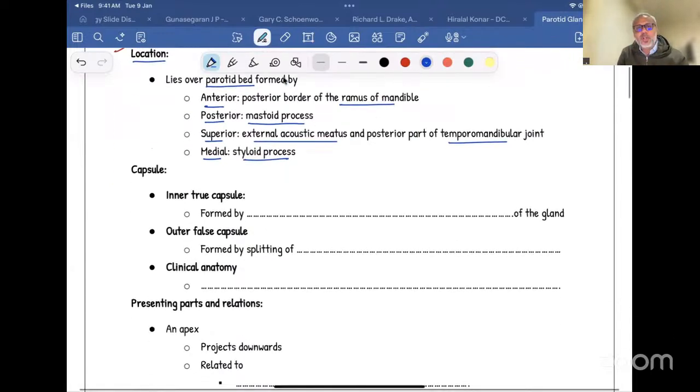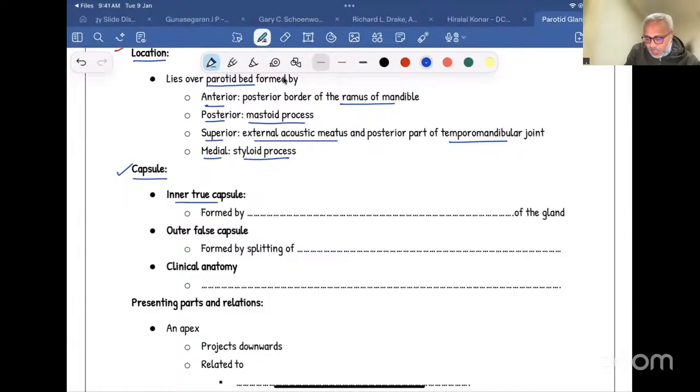Then we will move on to the coverings. Usually, when the question is subdivided, the capsule will form an important component of the parotid. Why? Because of the clinical importance of this capsule. The parotid gland is covered by an inner true capsule and an outer false capsule.